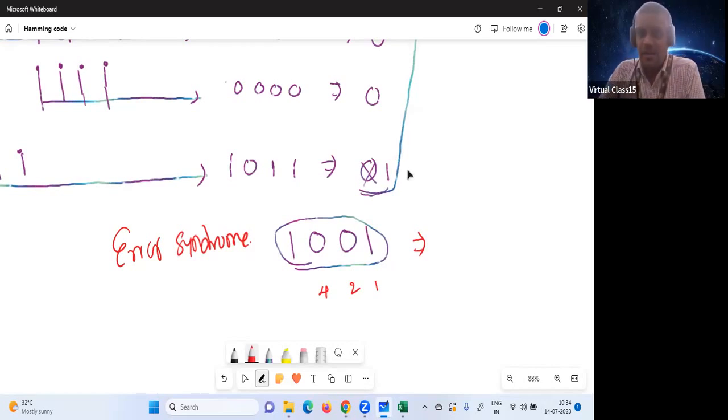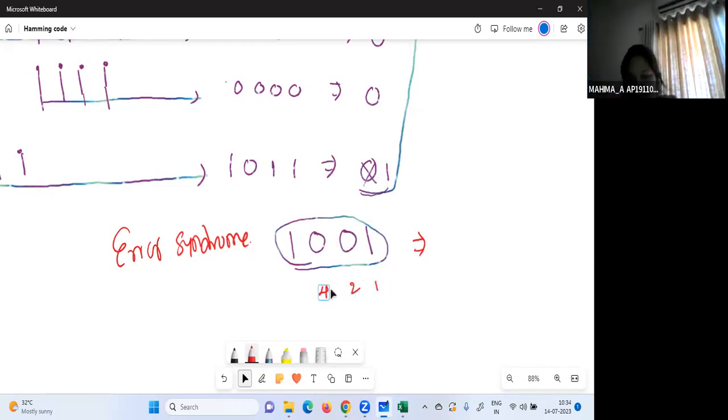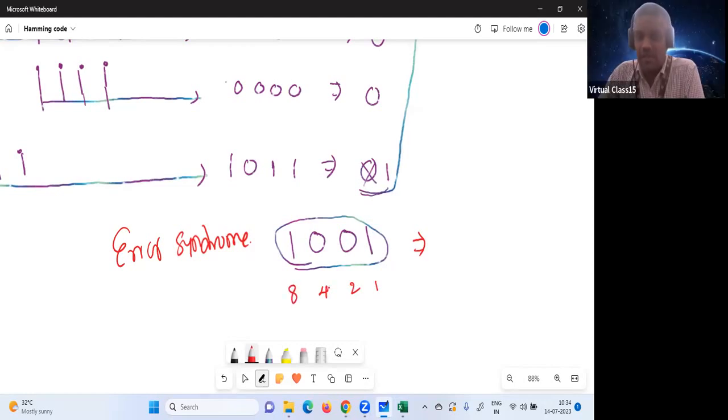Since it is a binary number, the position value is doubled. So multiply: 8 into 1 is 8, this is 0, this is 0, 1 into 1 is 1. Sum it, you get 9. This is the procedure for converting binary to decimal.